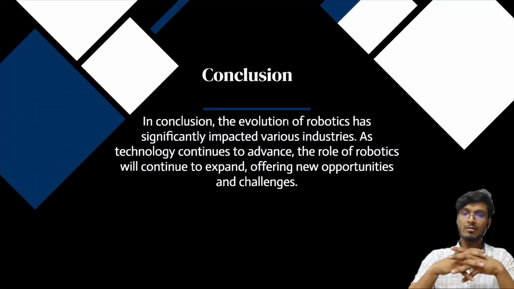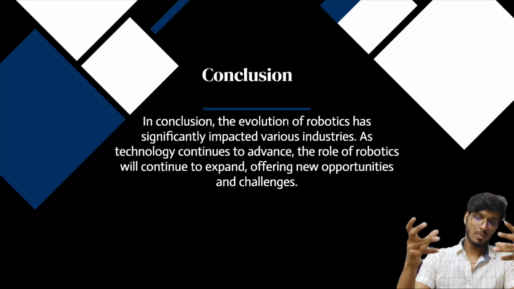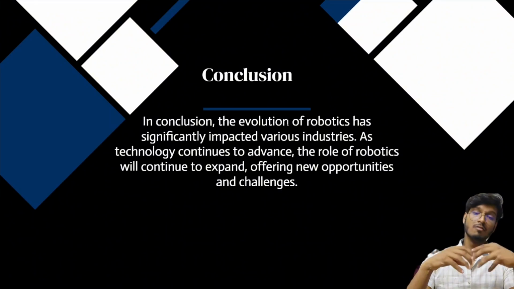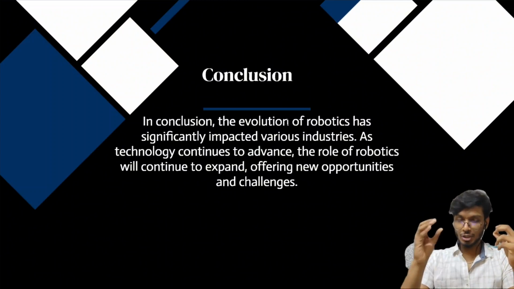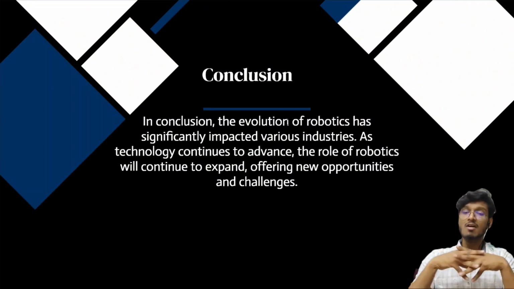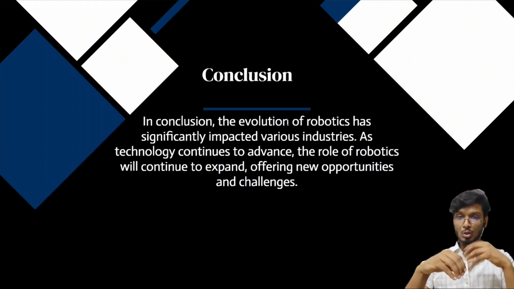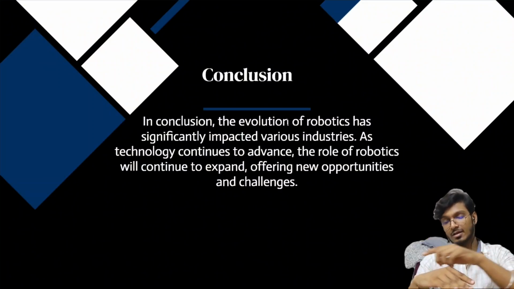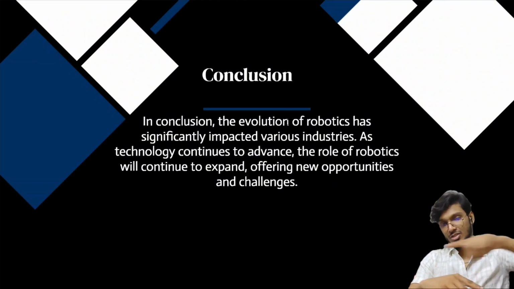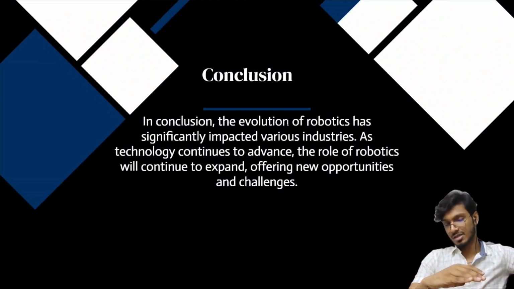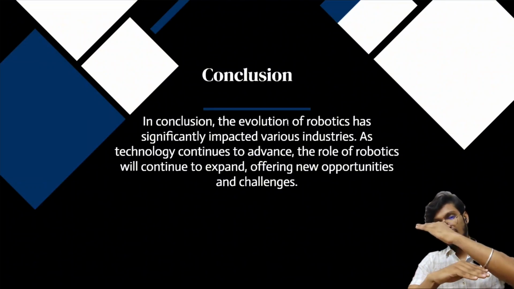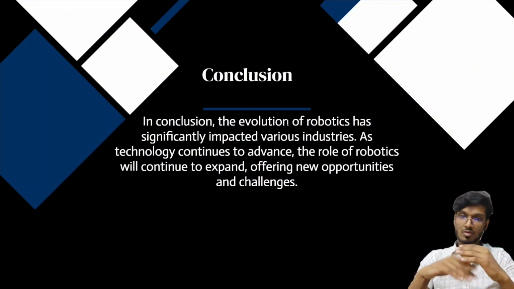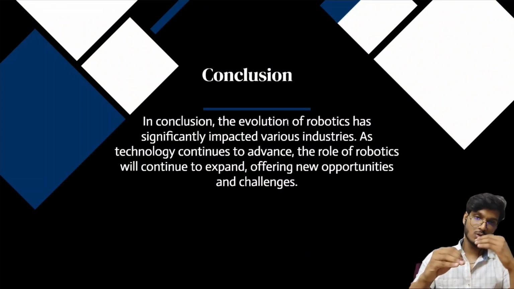In conclusion, the evolution of robotics has significantly impacted various industries. As technology continues to advance, the role of robotics will continue to expand, offering new opportunities and challenges. As we said and as we predicted, the timeline for the graph is always increasing and never decreasing. Only in 2019 and 2020 did the technology of robotics stop because of COVID-19.